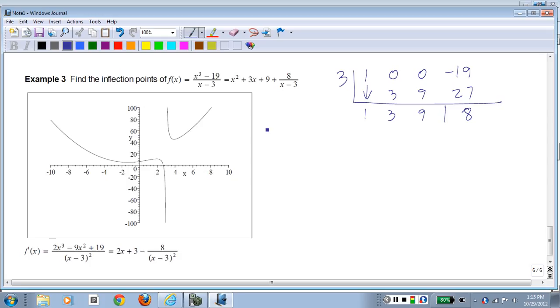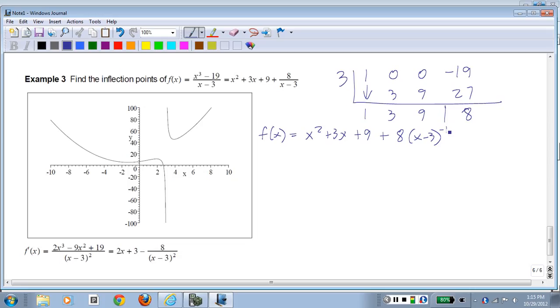If I do one more thing, if I say f of x equals x squared plus 3x plus 9 plus 8 times x minus 3 to the negative 1, it's even slightly easier still than it was previously if we write it as multiplied by x minus 3 to the negative 1.